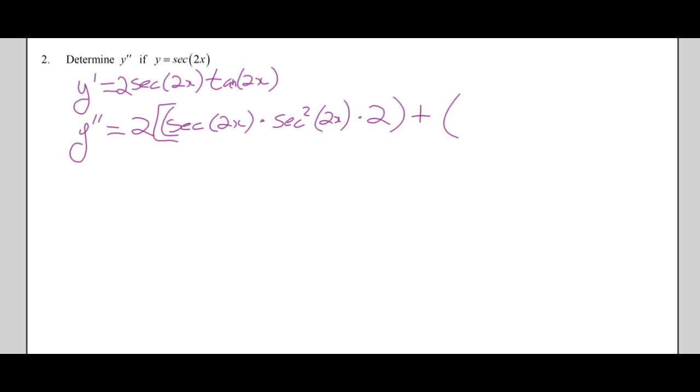Plus, now we want tan 2x times the derivative of secant 2x, which we have on this line here, right? So it's 2 secant 2x tan 2x.